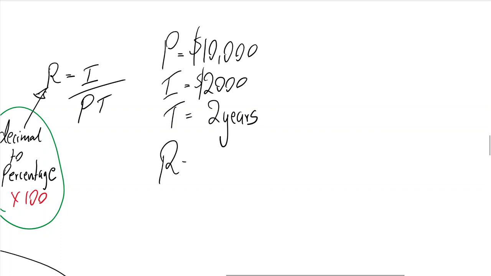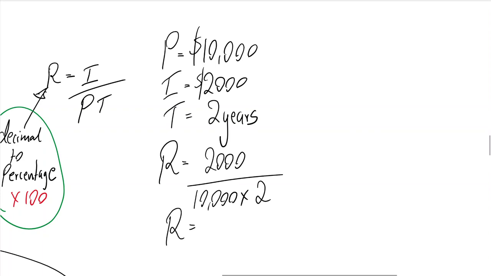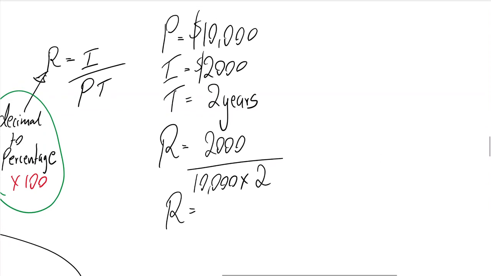Okay, then you just plug in. I've got rate equals interest 2,000, divide by principal 10,000 times the time, 2 years. Can somebody tell me what that value is? 0.1. Did you get 10 or 0.1?